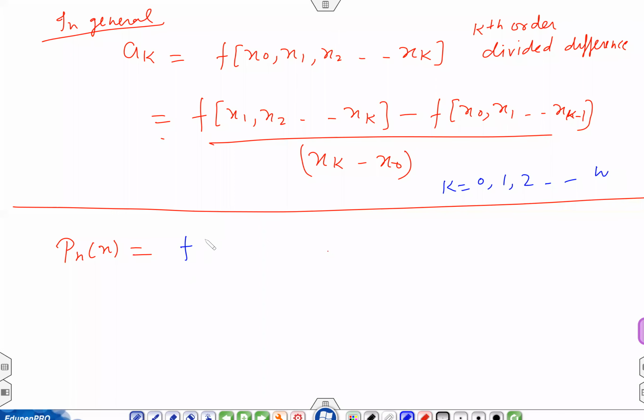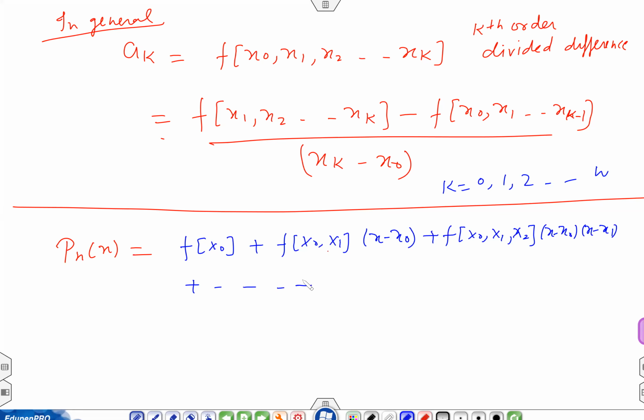The value of a0. a0 is what? f of x0. The value of a1. a1 is what? f of x0, x1, times x minus x0. Plus f of x0, x1, x2, times x minus x0, x minus x1. And so on, plus f of x0, x1, up to xn. Just remember this formula like that.